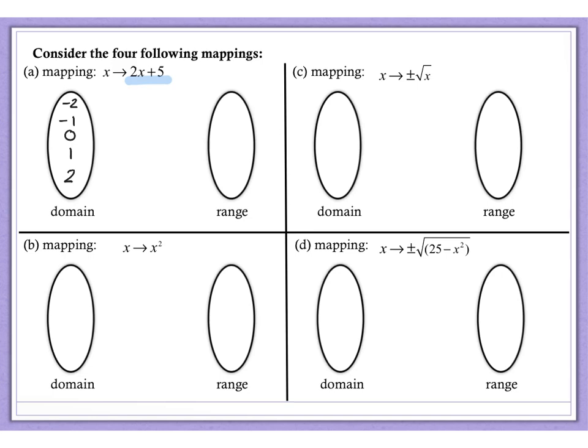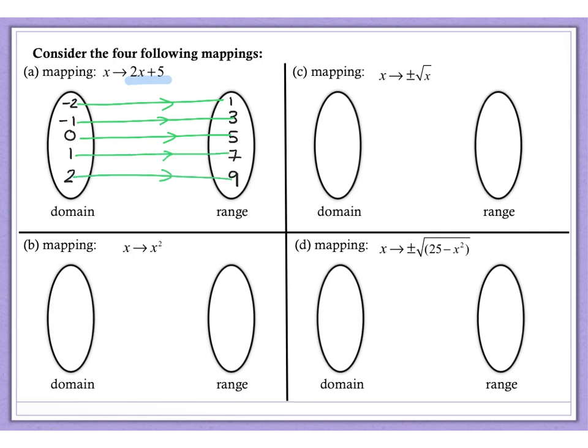Basically, double your input and add 5. And of course, this is a very simple calculation. We end up with the following output values. And you can see very clearly that each input is mapped directly onto a single output like this. We will see something slightly different in each of these 4 examples.